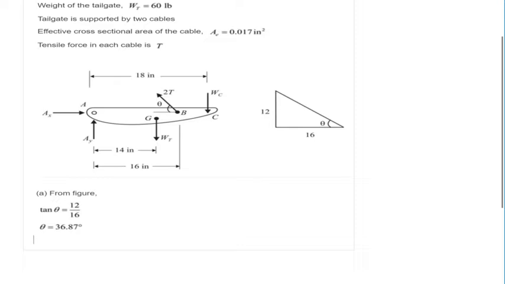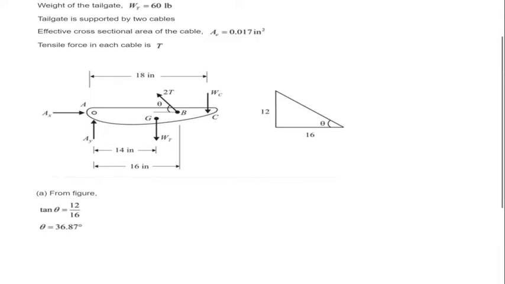Okay, now we need to find this tension. In order to do that, we need to use some of the moments about that line. The line would be the hinge A, because we are looking at the side view. We're going to use the sum of the moments of these.